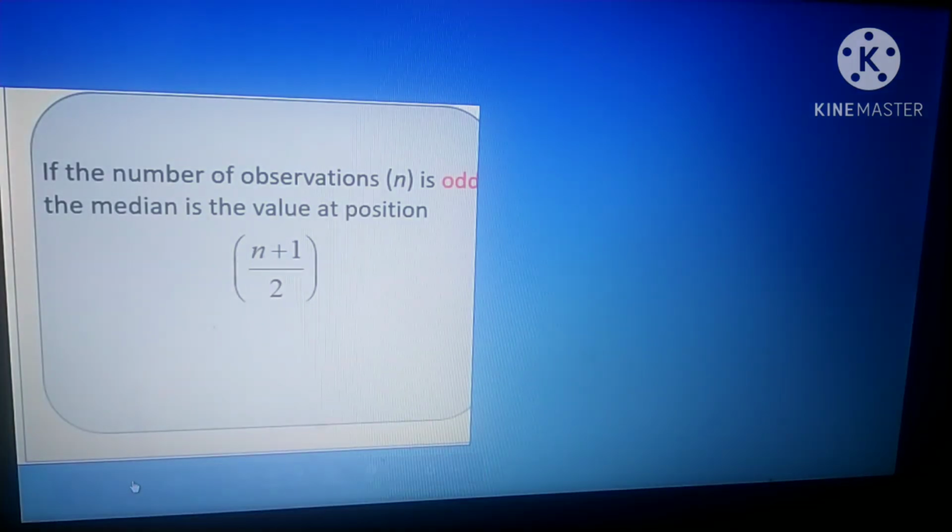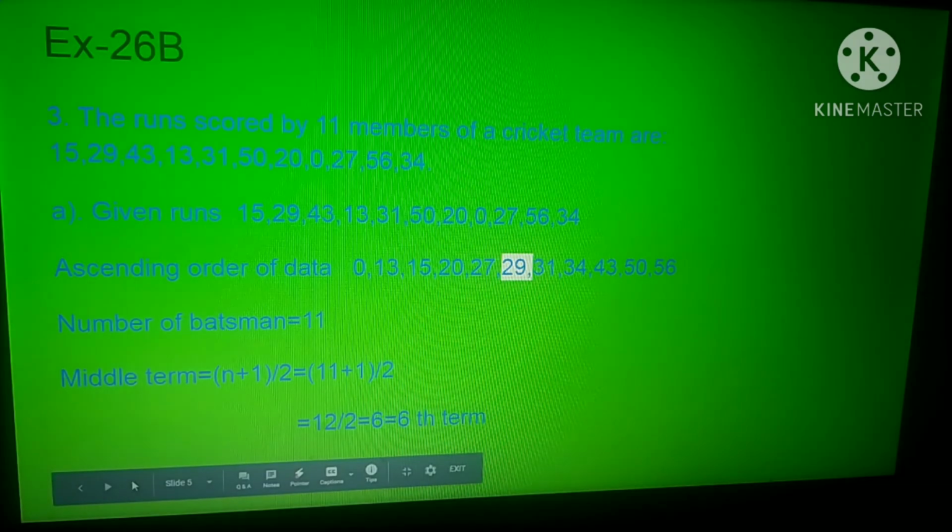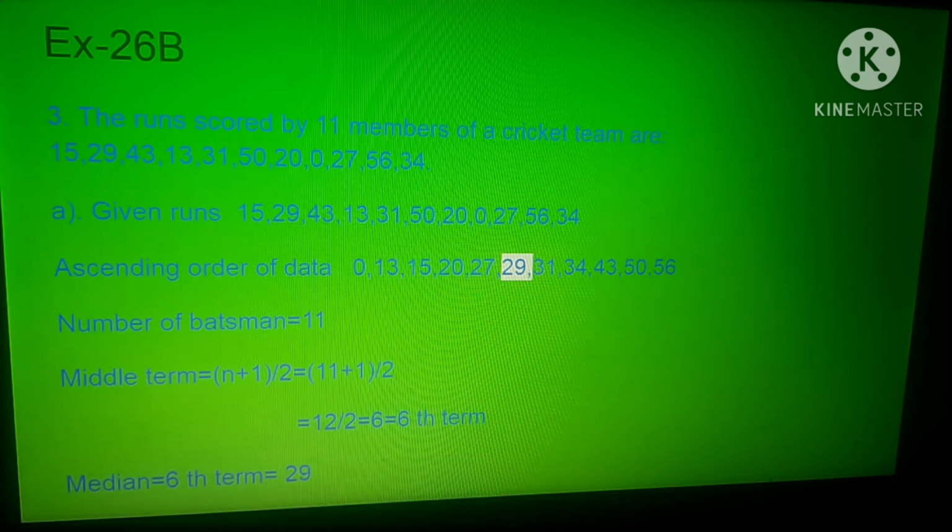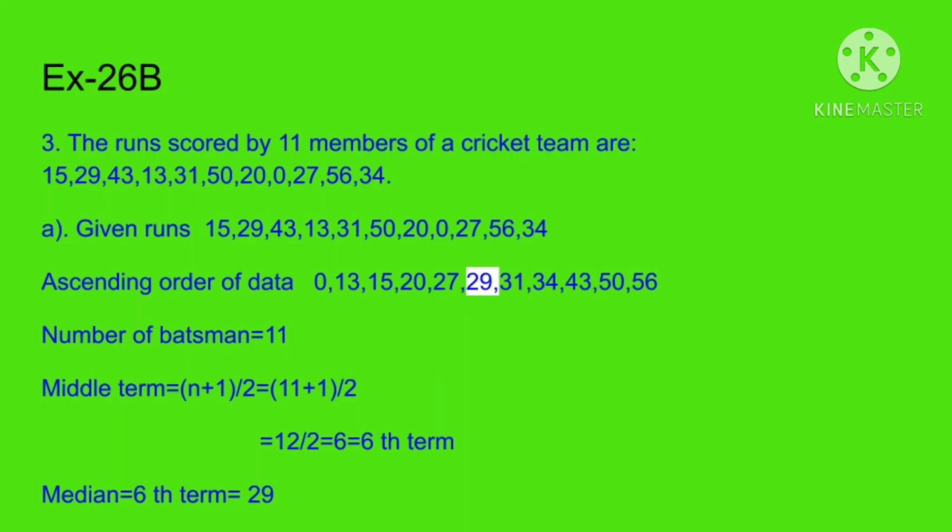This is your formula, (n plus 1) by 2, for odd numbers. That means 11 plus 1 by 2. 11 plus 1 means 12, by 2, you will get 6. That means the sixth term. Your sixth term is 29. That is your median. Here your number of observations is 11, which is an odd number, so you have to use the (n plus 1) by 2 formula.